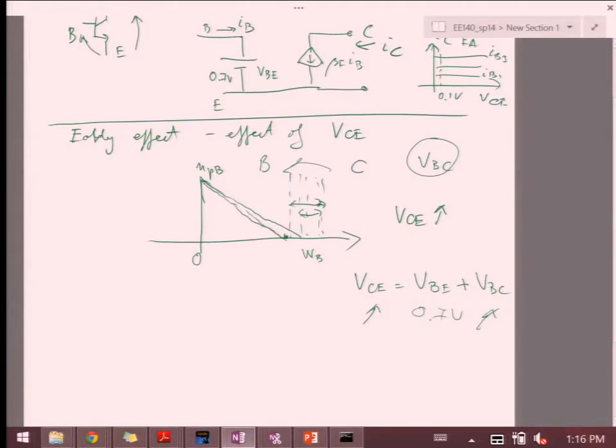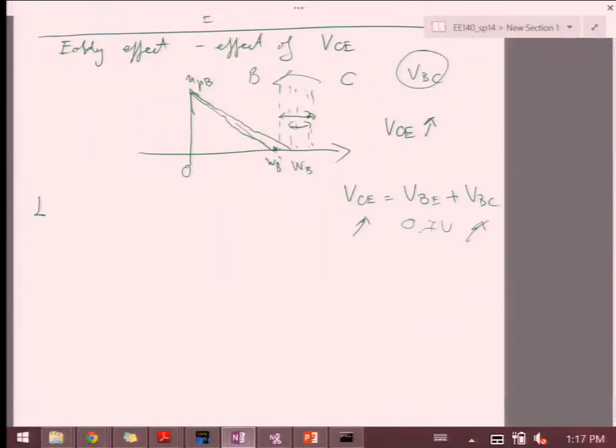So this is some WB prime. Just to remember, it was AQ, the diffusion constant, and then there was this derivative.